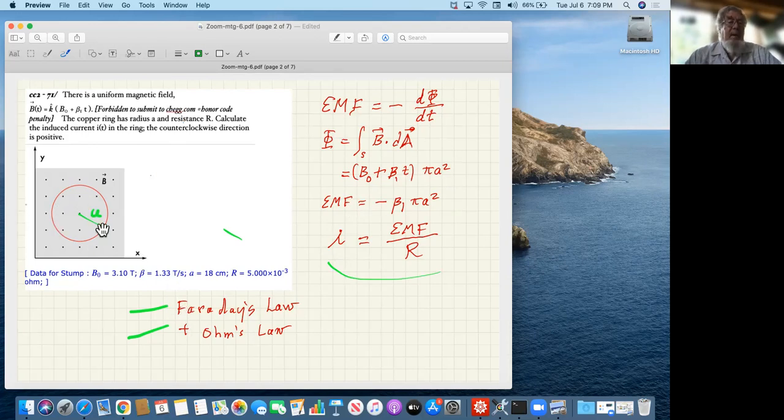There's a changing magnetic field, there's a changing flux, and that generates an electromotive force by electromagnetic induction. And this will be circulating around the change in B. Now, will it be clockwise or counterclockwise? Well, the sign here will tell you if it's clockwise or counterclockwise.